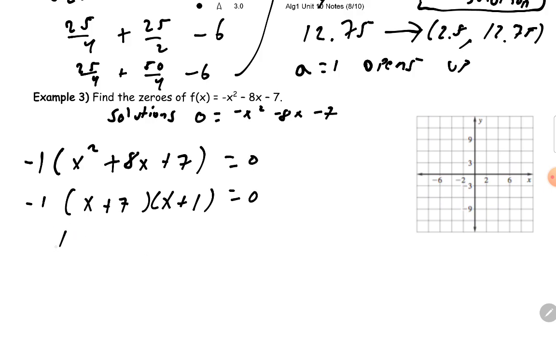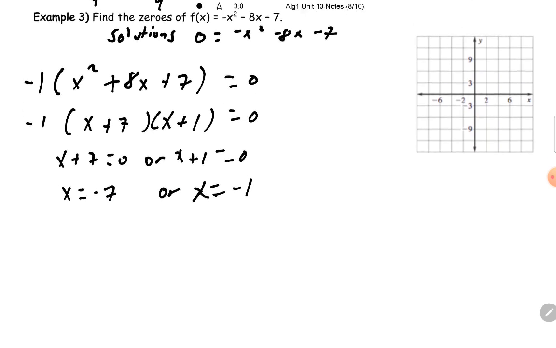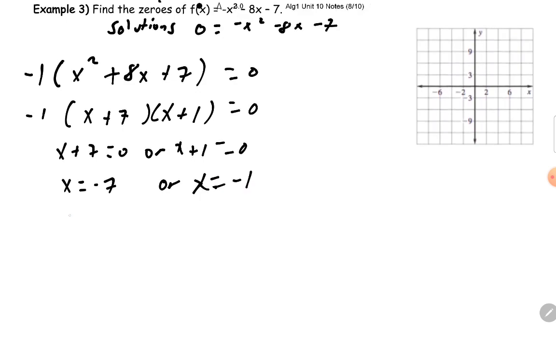Okay, so either x plus 7 is equal to 0 or x plus 1 is equal to 0. So x equals negative 7 or x equals negative 1. Okay, so here are my solutions, but they want us to graph anyways. So we're going to do that.